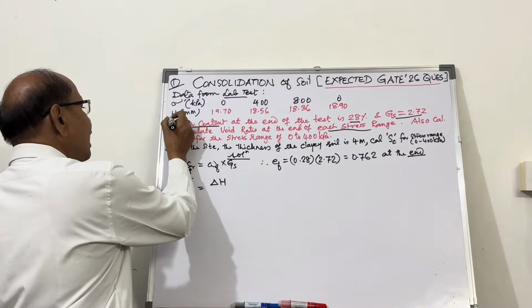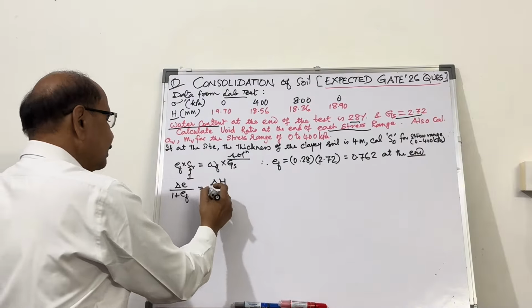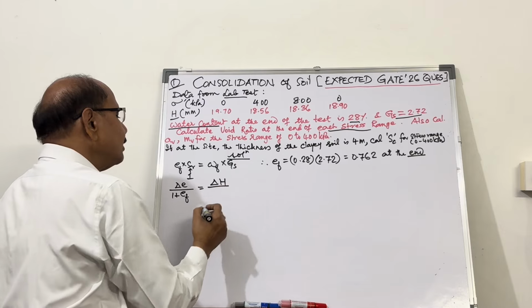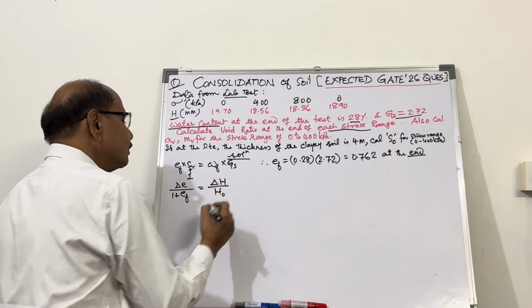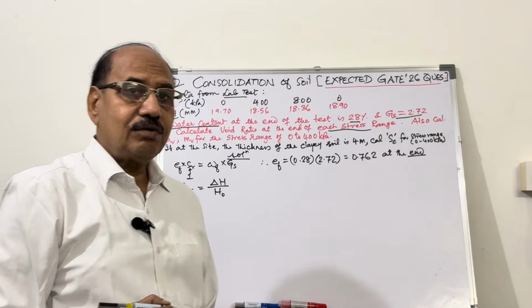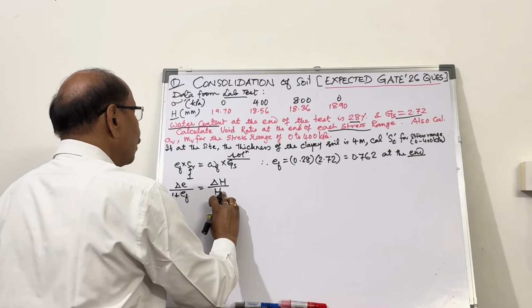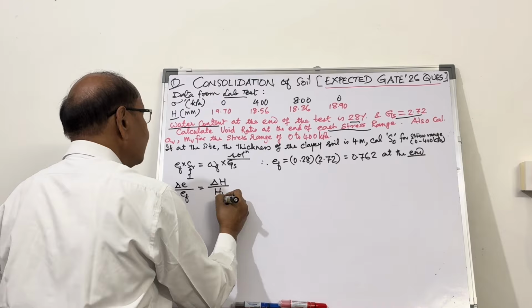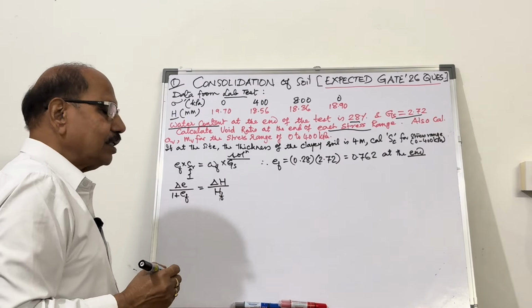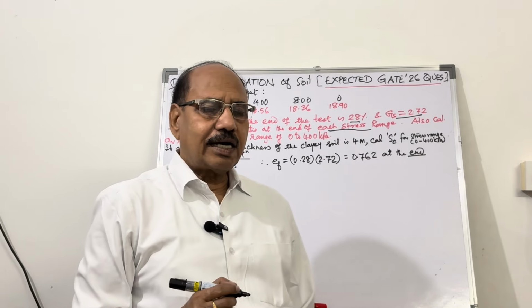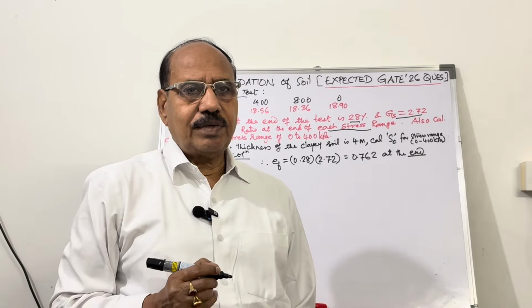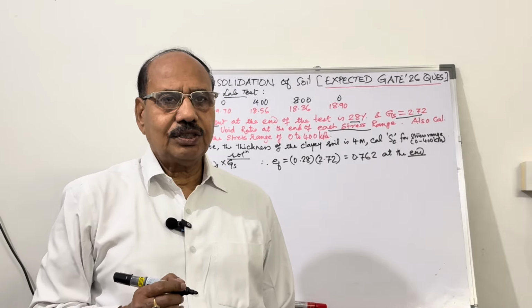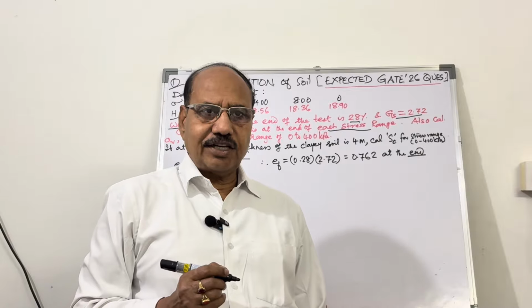The height of the sample is going under change, and this becomes HF, the final height. So that's the relationship: delta E divided by 1 plus EF must be equal to delta H upon HF.